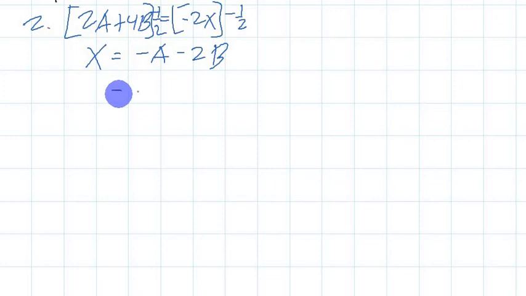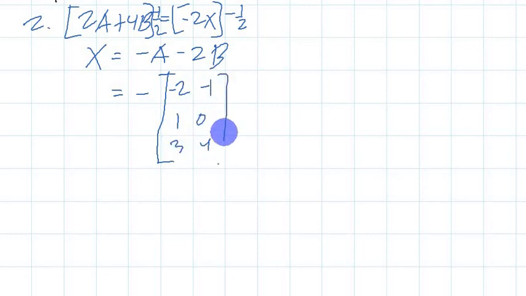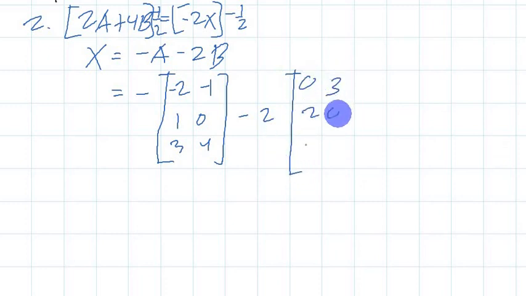And therefore, I'm going to have negative of, that's negative 2, negative 1, 1, 0, 3, 4, minus 2 multiplied to matrix B, which is 0, 3, 2, 0, negative 4, negative 1. Now, these are scalar multiplications. We know that.